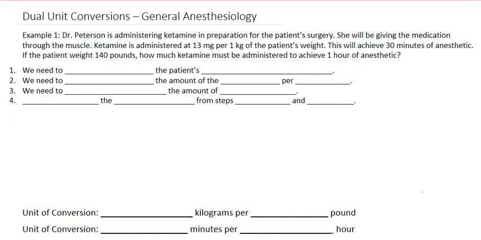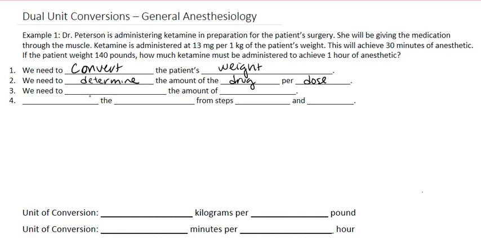So the first thing we need to do is convert the patient's weight. Then the second thing is we determine the amount of the drug per dose.